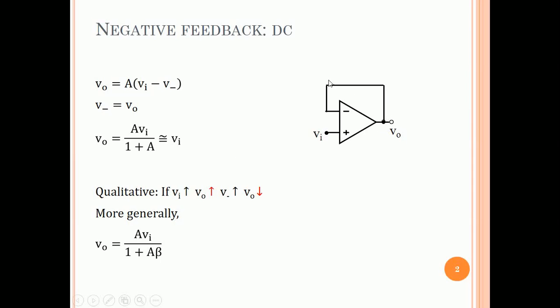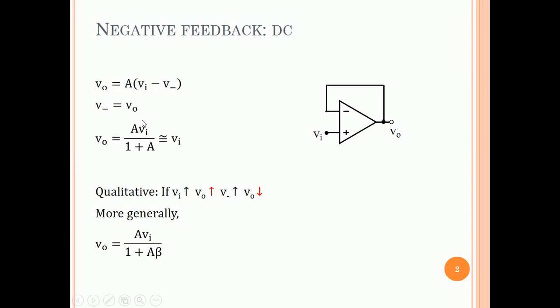As VO increases and it is fed back to the negative input terminal, that causes this to increase, of course, and this increase causes VO to decrease because it is a negative input terminal. So the forward path and the feedback path are opposed to each other. One is causing VO to increase, another is causing VO to decrease, and this is what defines a negative feedback system.